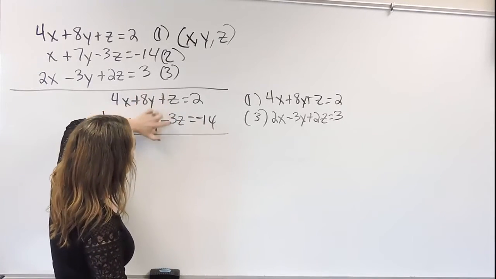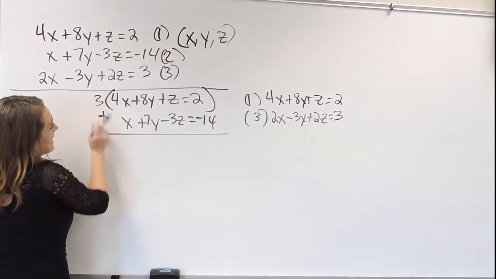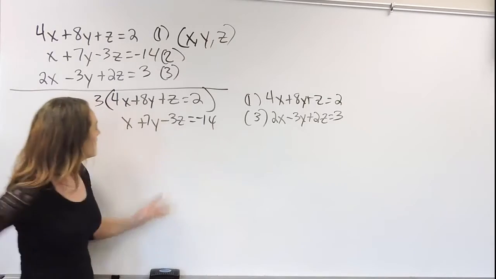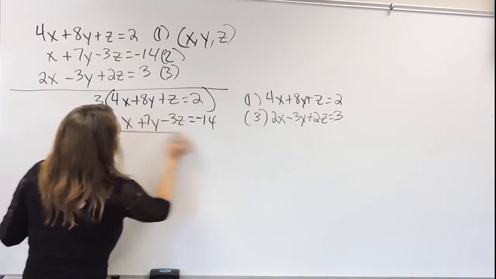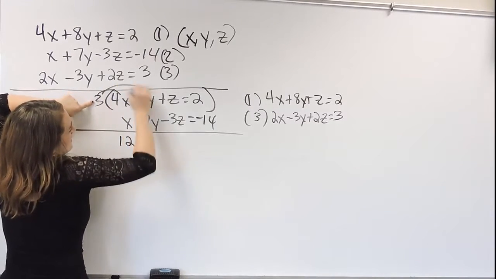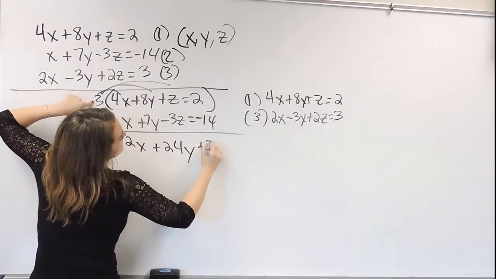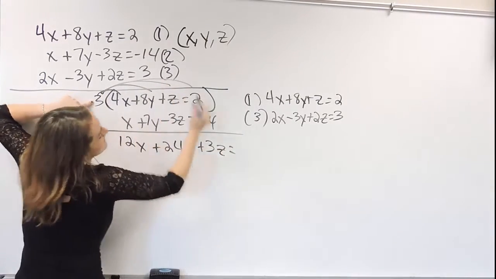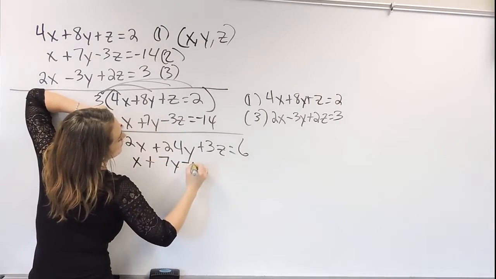They need to have the same number but different signs. So I'm going to multiply the top equation by 3. That gives 12x plus 24y plus 3z equals 6.